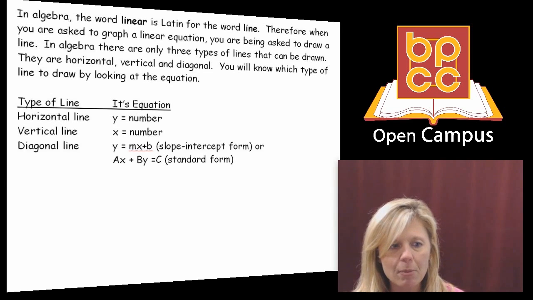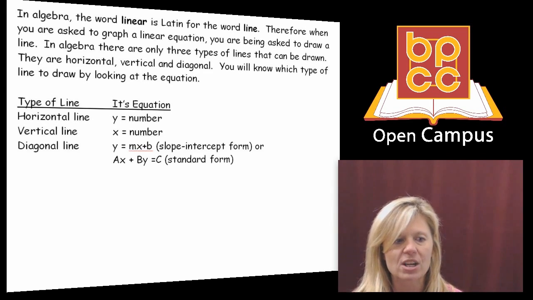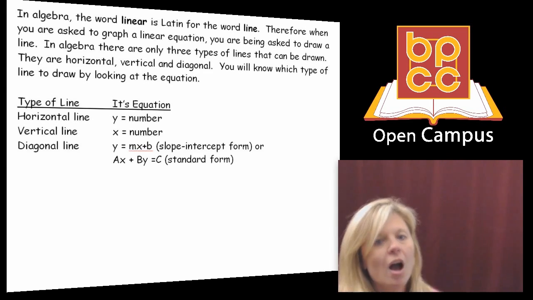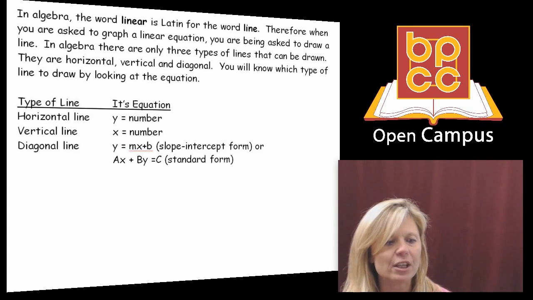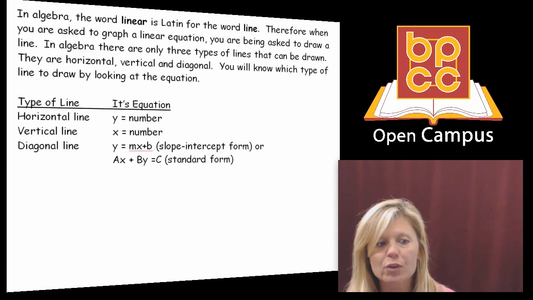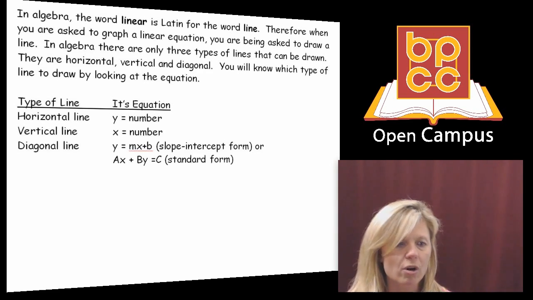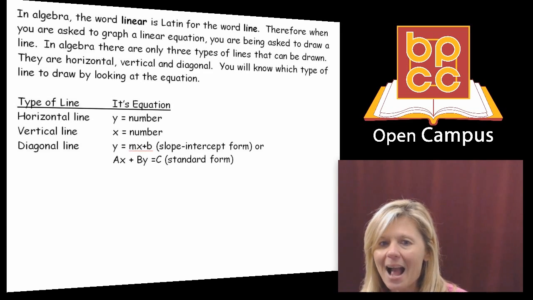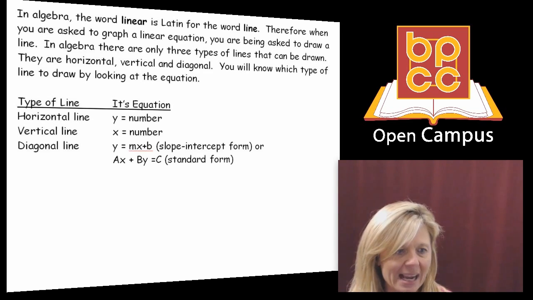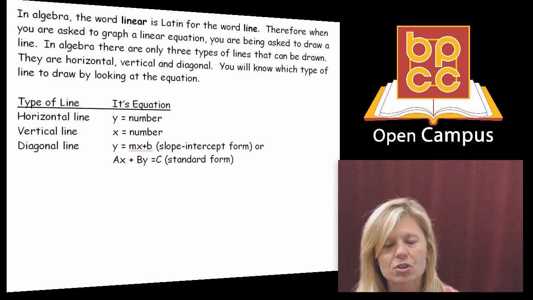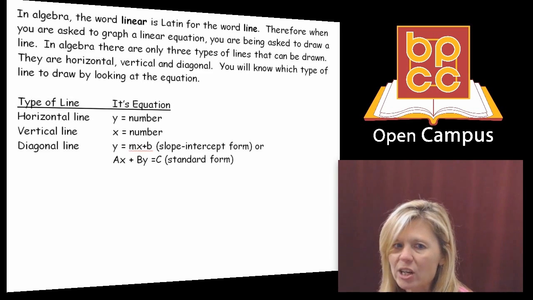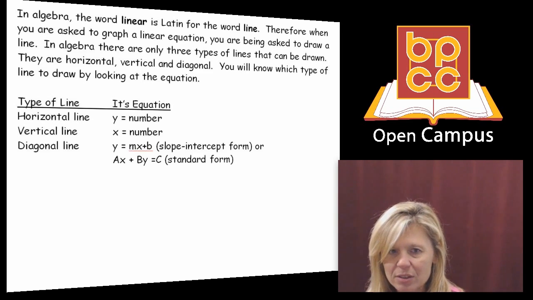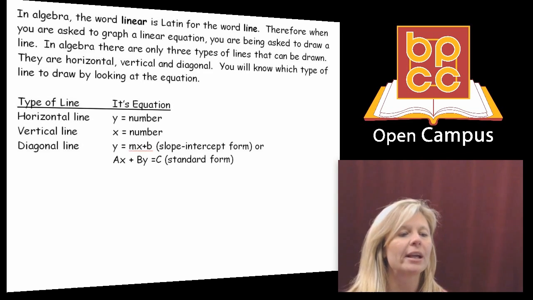So you've got to memorize the letter y makes a horizontal line. A vertical line will only have in the equation the letter x. So if you see in your equation just the letter x, you're going to draw a vertical line. And a diagonal line will always touch both axes. It has both variables. So if you look, a diagonal line equation will have a y and an x. So that's the most important thing.